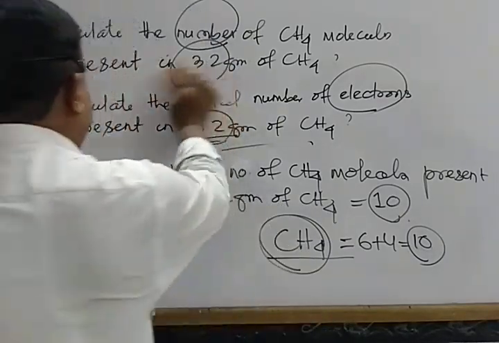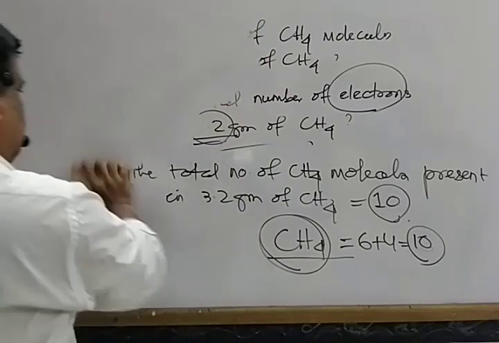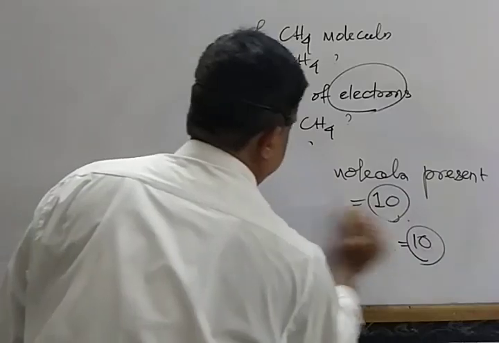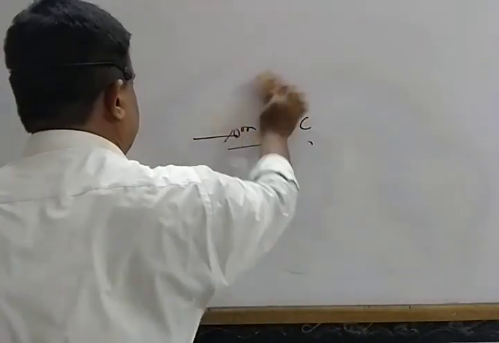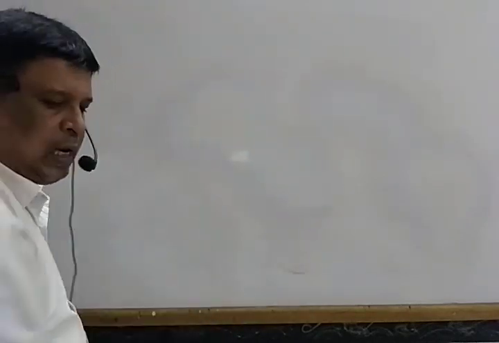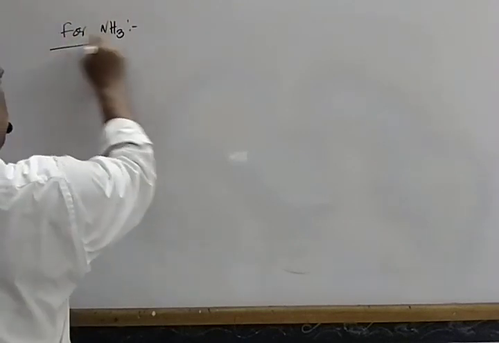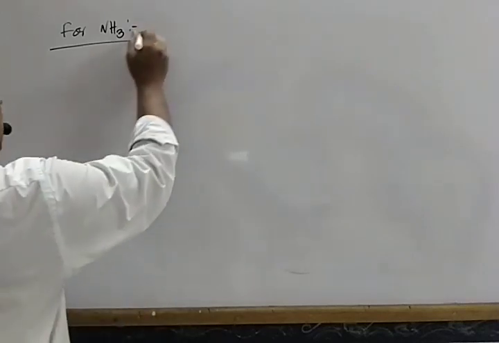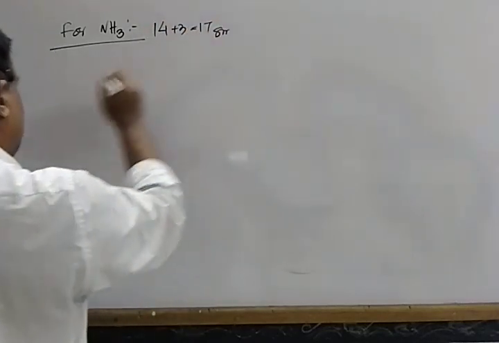Now by reversing this data, now select ammonia. We select ammonia. That means ammonia is 14 plus 3, that is 17 gram.